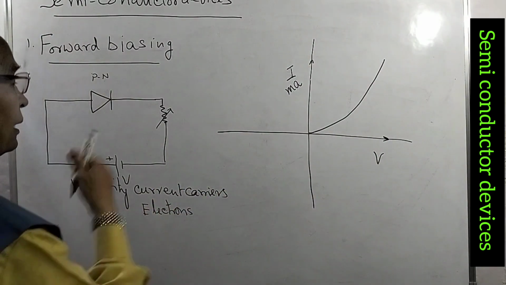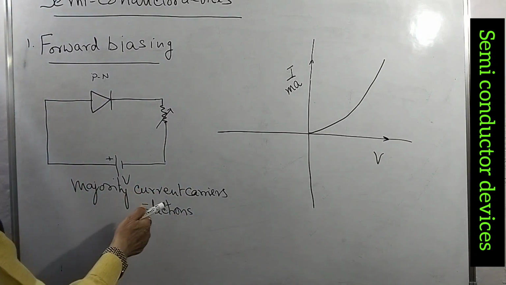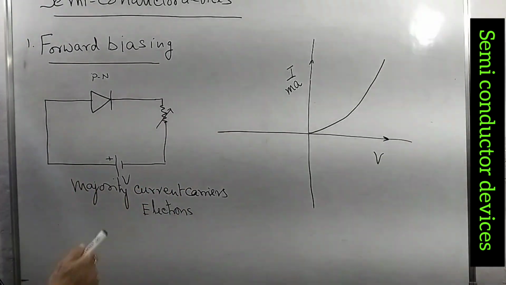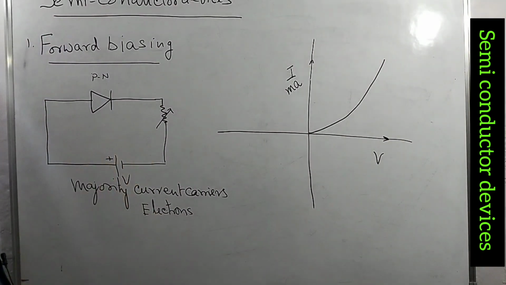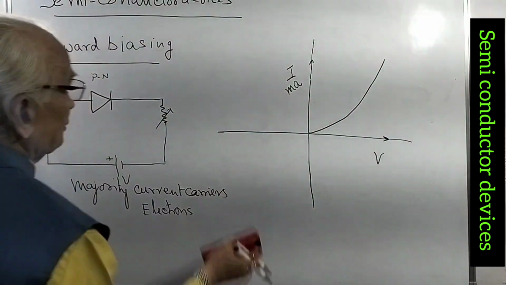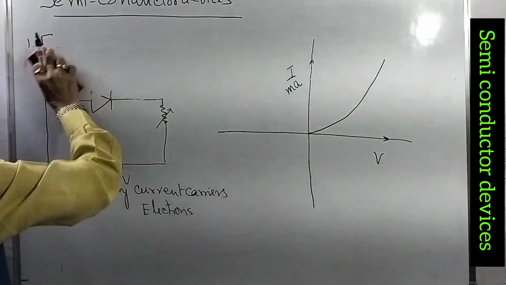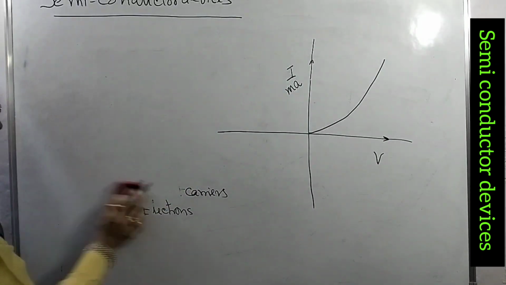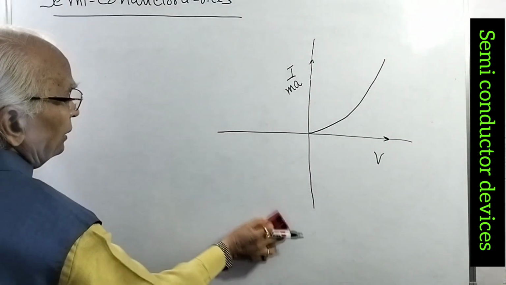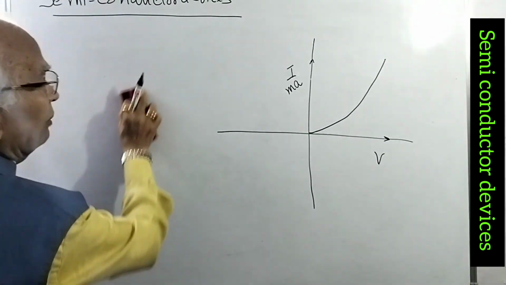So the current flow in forward biasing is due to electron flow, the majority current carriers. So current is also large, a few milliamperes. As voltage increases, say 10, 15, 20 volts, current is around 10, 15, 25 milliamperes. That is the forward biasing.